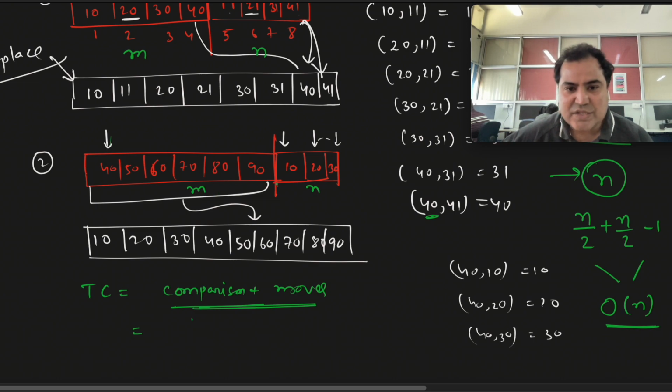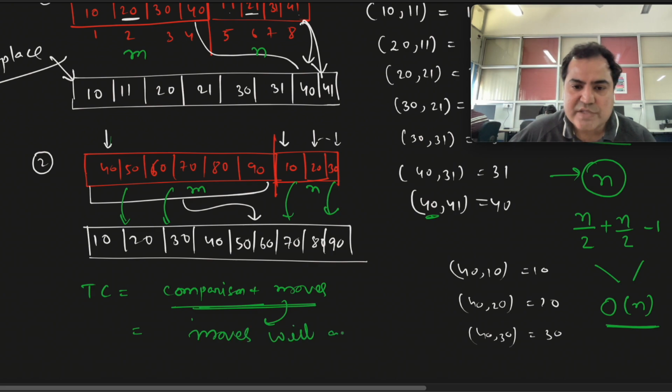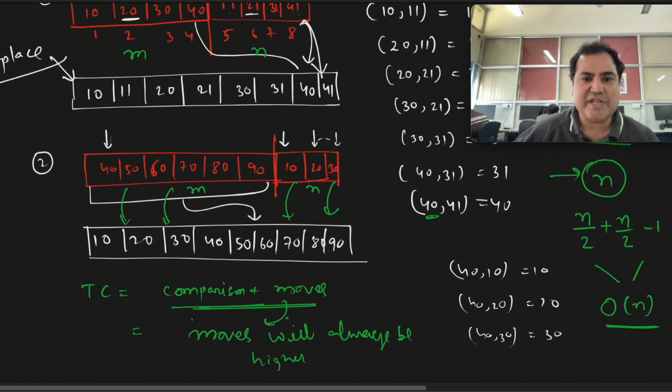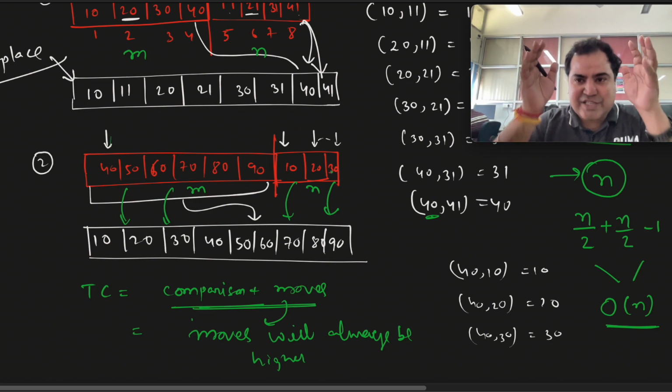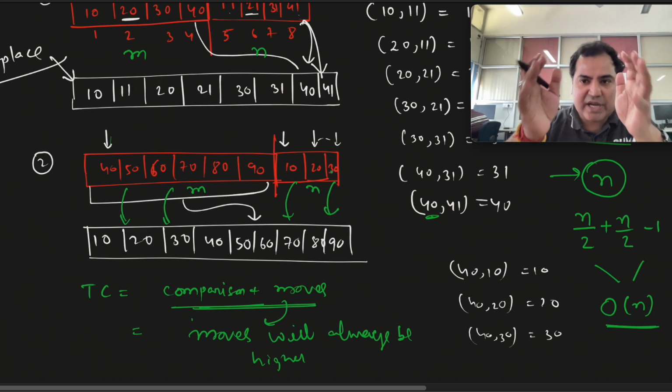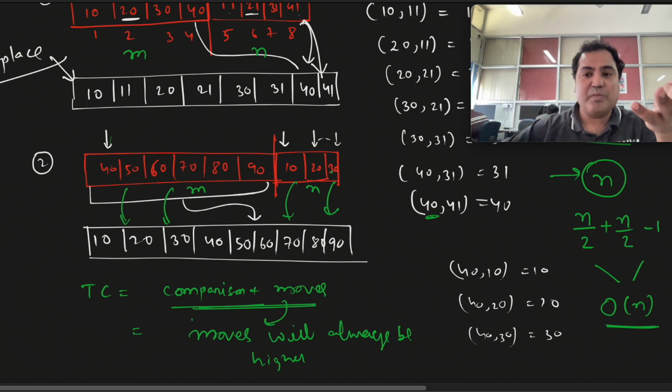This can come less also, but anyway you have to move all these elements, right, to the lower order. So in this case moves will always be higher than comparisons. Means comparisons can be at most equal to the number of moves, but it cannot go beyond the number of moves.